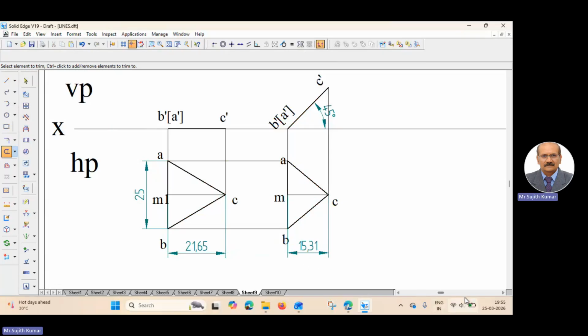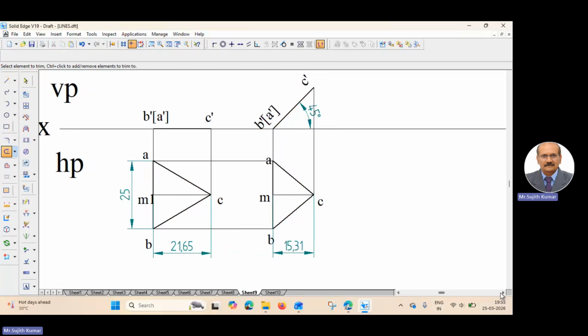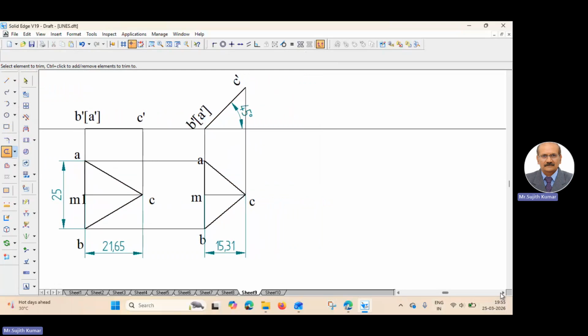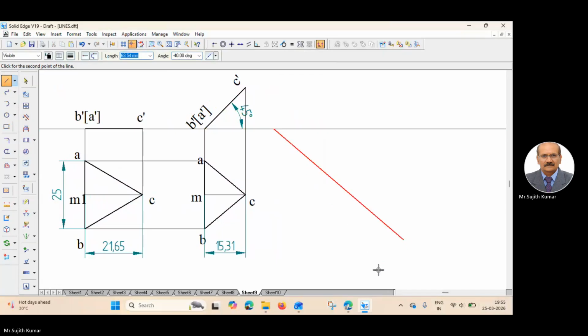Now, since the median length is changing, we have to find the beta angle. The angle given is 40 degrees. Draw a line of 40 degrees first. It is asking for the length now. Press the tab key on the keyboard, it moves to the angle. Type minus 40 degrees. Now the angle is fixed and only the length changes.